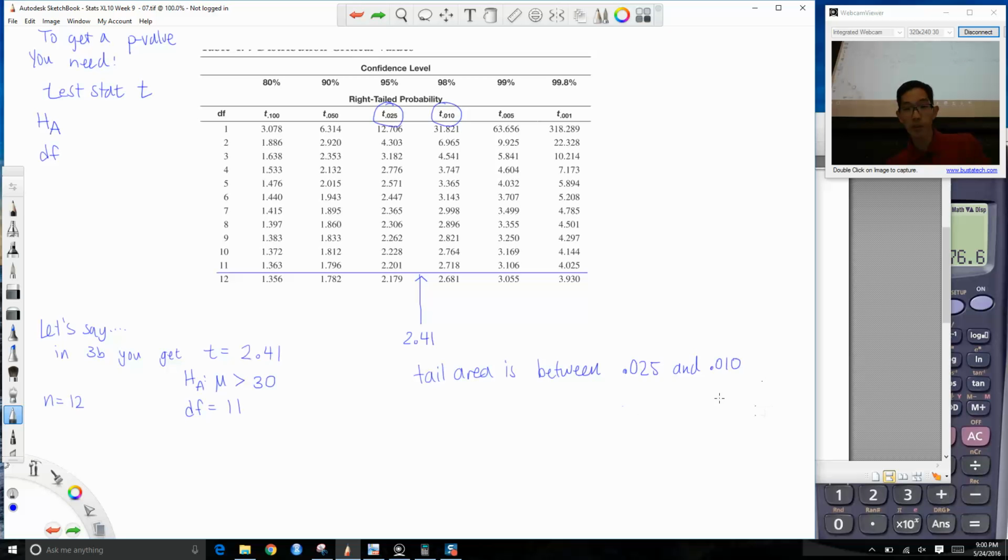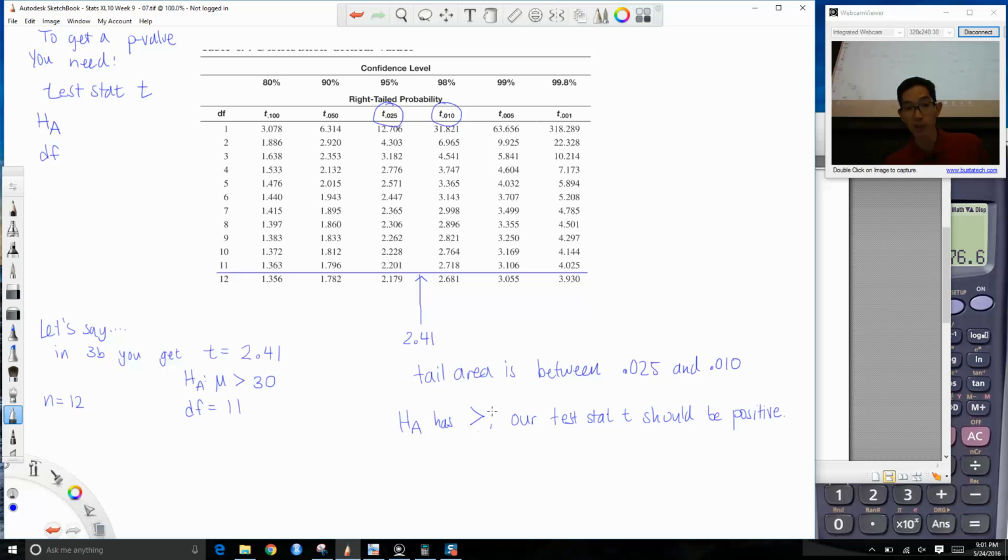And so this is what we have so far. Because the alternative, HA, has a greater than sign, I'll say a few things. Our test statistic, t, should be positive. If you get a negative, there's a slight problem.